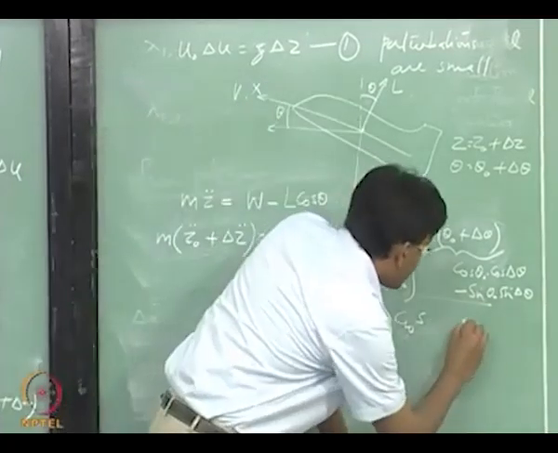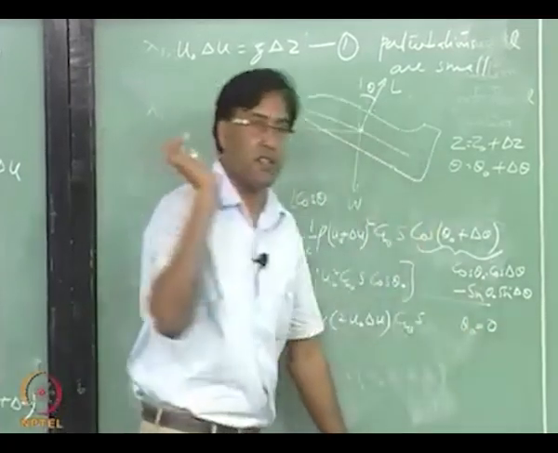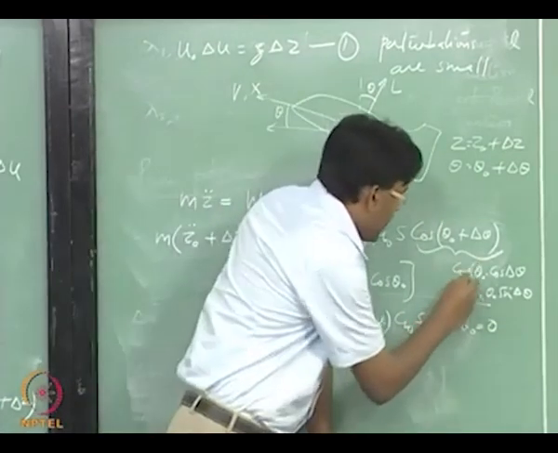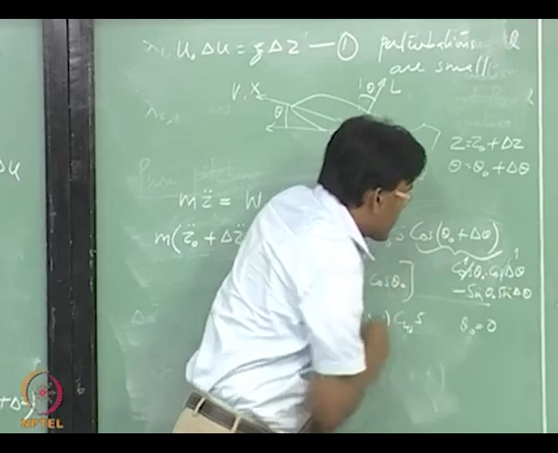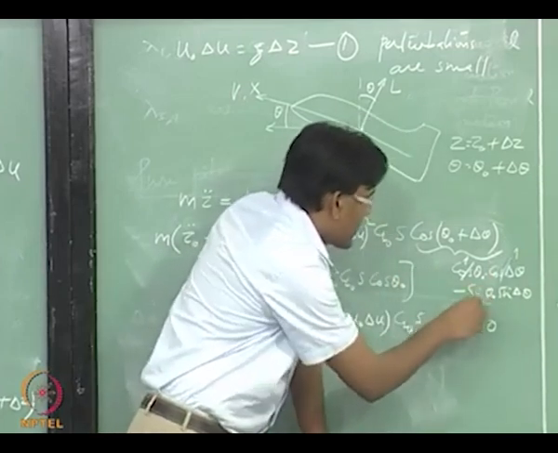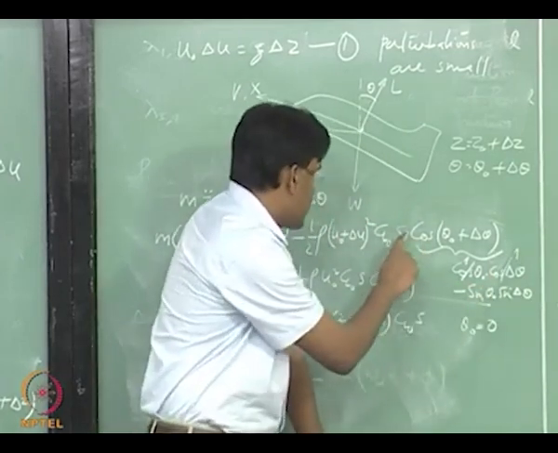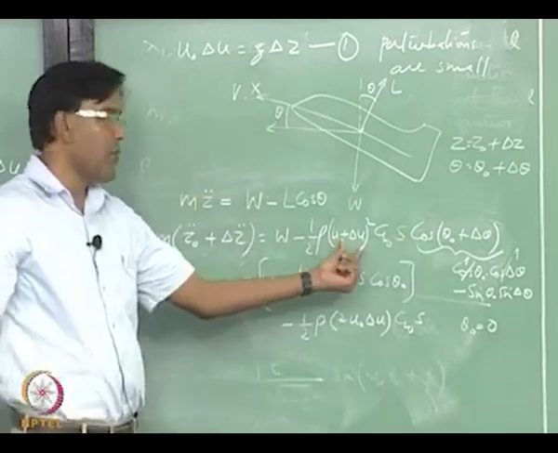Now, if you assume this theta naught also to be 0, which is my flying condition, then this is 1 and this angle is small. So, this becomes 1, sin theta naught is 0. So, what you have is this into 1. Now, there are two components.